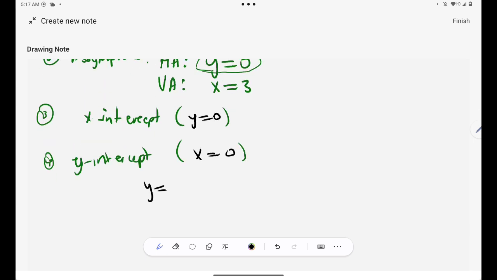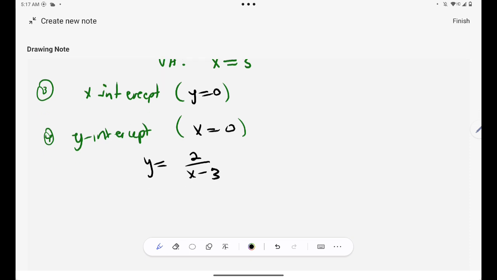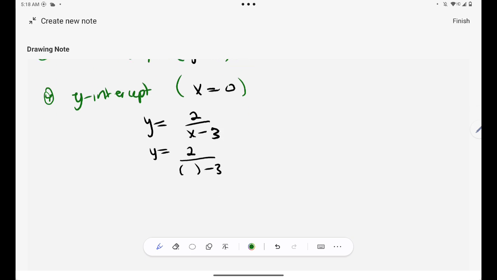Go to your equation, make x equal to 0, then solve for y. Y is equal to 2 over, just put a 0 there, that means y will be equal to negative 2 over 3.